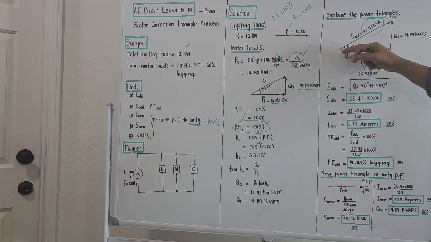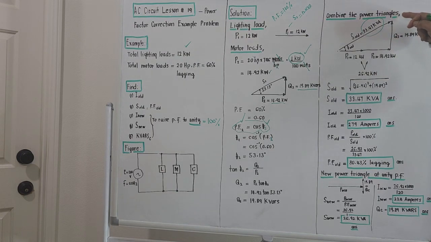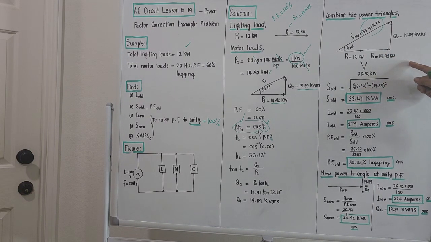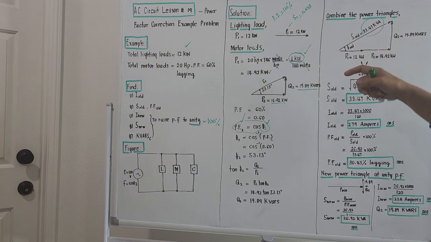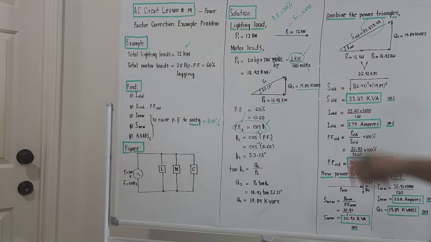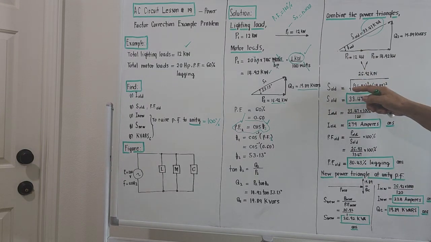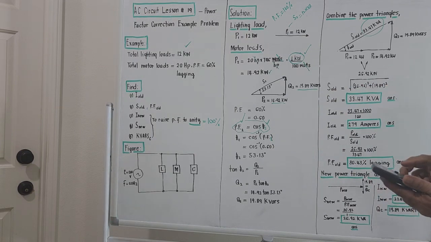The adjacent side, considering this angle, is 26.92. This is 19.89. So we use the Pythagorean principle, right? 26.92 squared plus 19.89 squared. We are solving for the hypotenuse. The hypotenuse is actually the total apparent power consumption. So what comes out? I perform this inside the calculator.